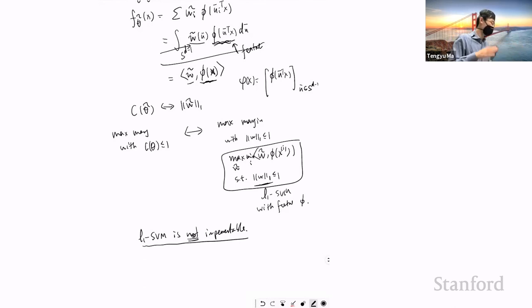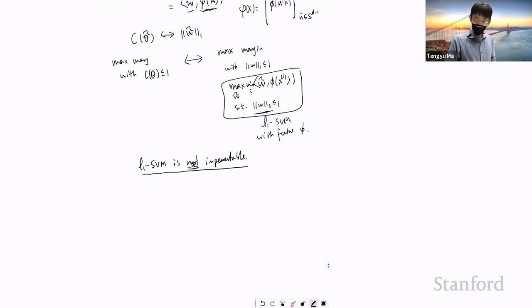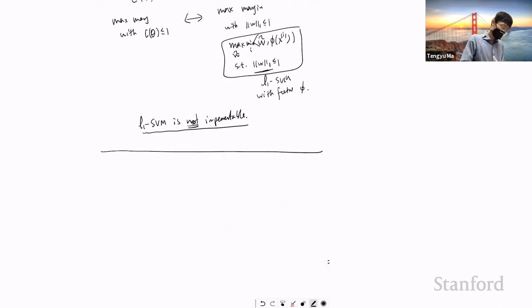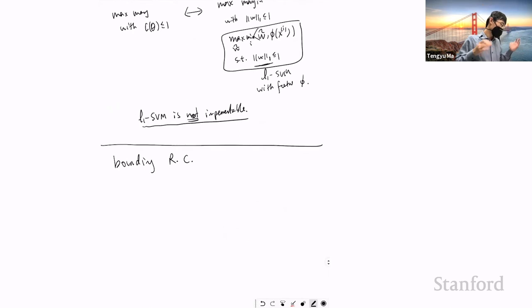But at least for the moment, it will be a quite different mindset. We are thinking about the tools again. Now we are getting back to how we bound the Rademacher complexity, and we are talking about a different type of tools.